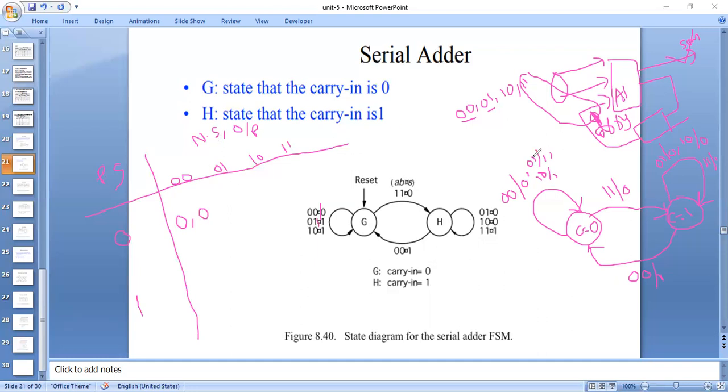And for 0 1 also it will be in the same state, but what is the output? 1.